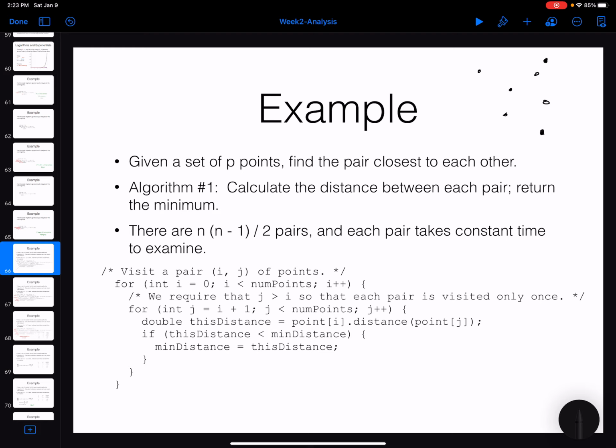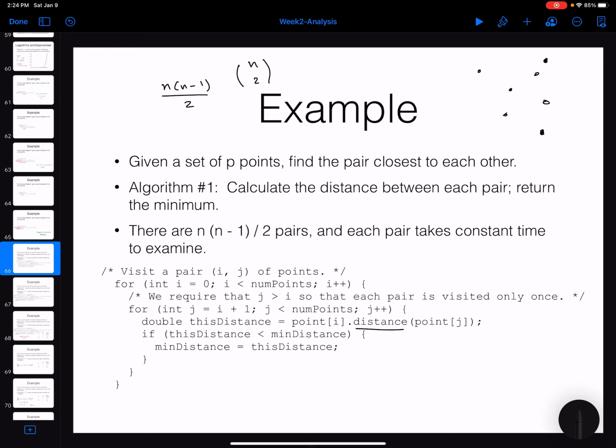How many pairs of points are you going to have? If you have n points, the number of pairs is going to be n times n minus 1 divided by 2, right? This is the choice of 2 out of n points. And for calculating the distance between 2 points, you can just assume that you have a function to calculate that.